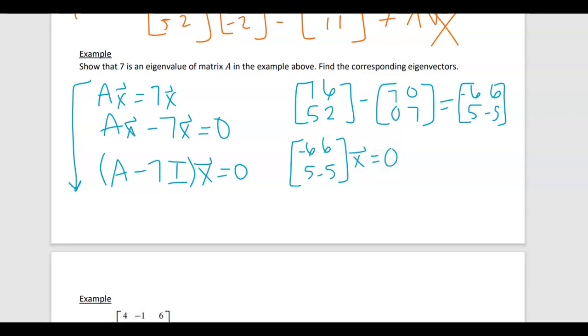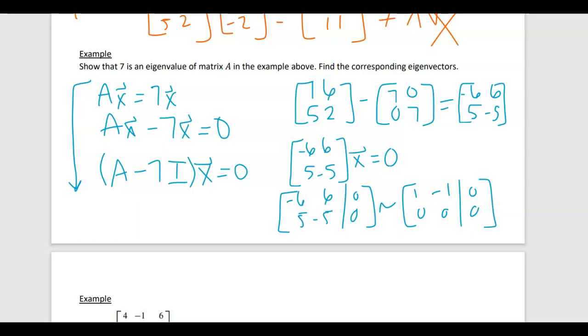Well, if I end up augmenting this matrix with 0, I end up getting 1, negative 1, and then zeros here.